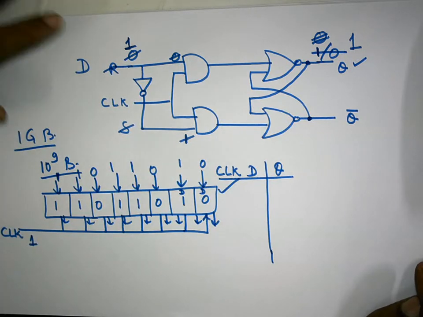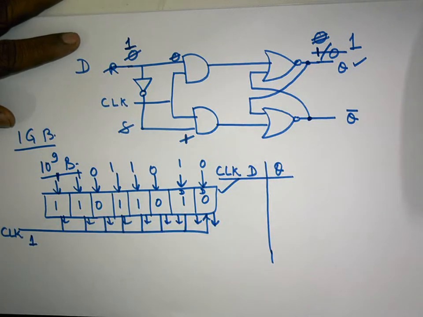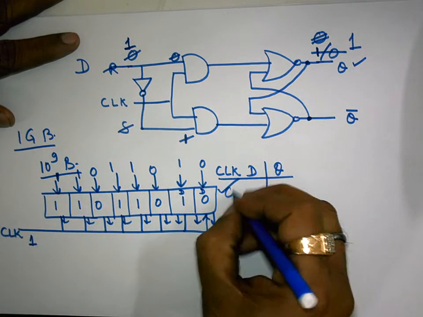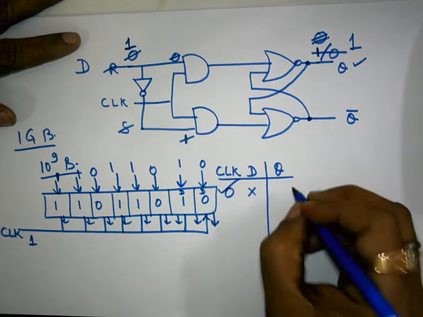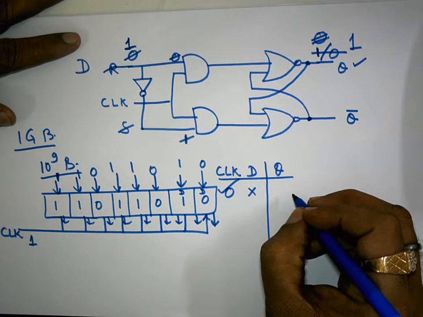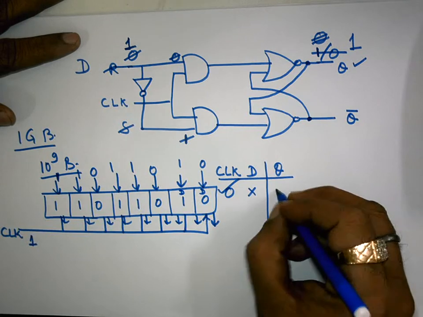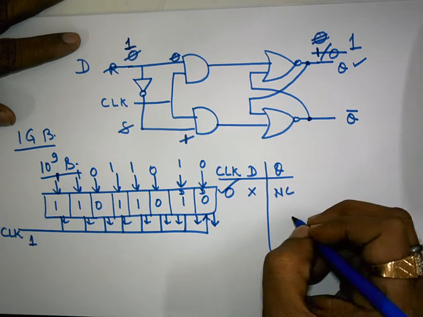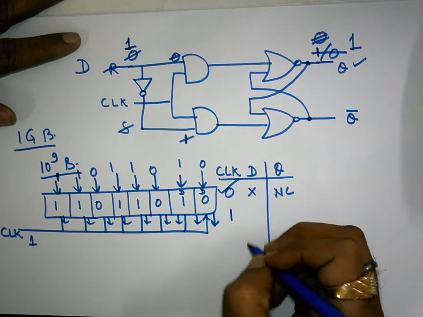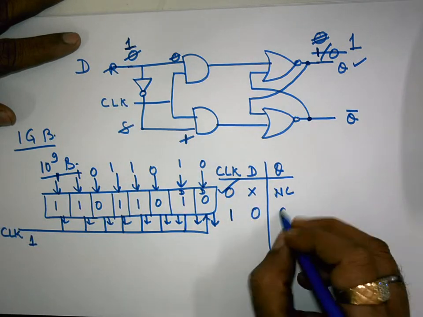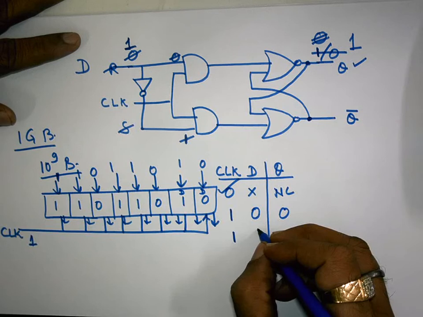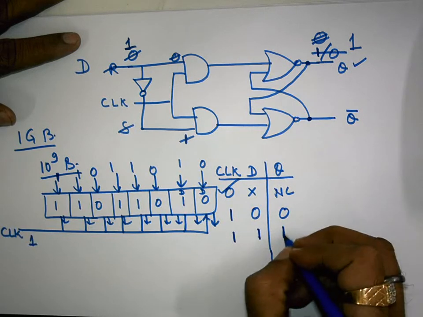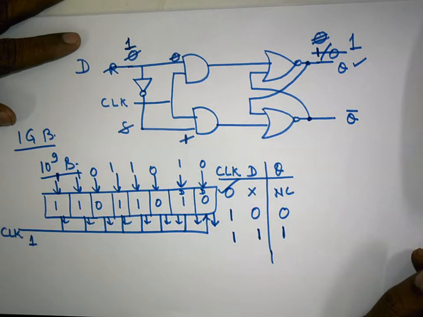Naturally, if clock is 0, whatever we apply is not going to make any change in the output. But if clock is 1 and 0 is applied, output will become 0. If clock is 1 and 1 is applied, output will become 1.